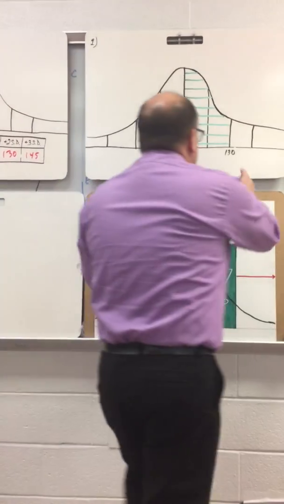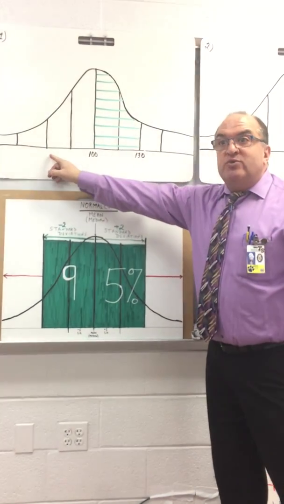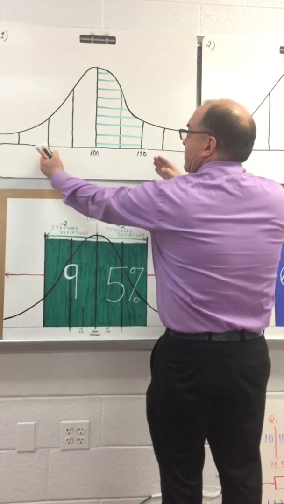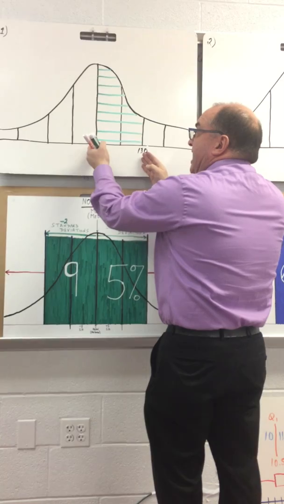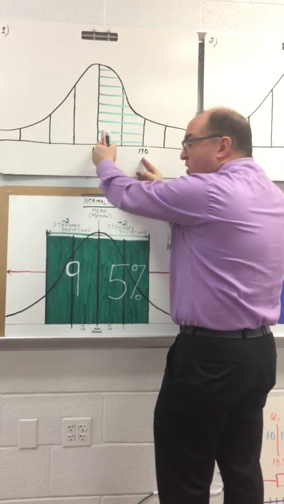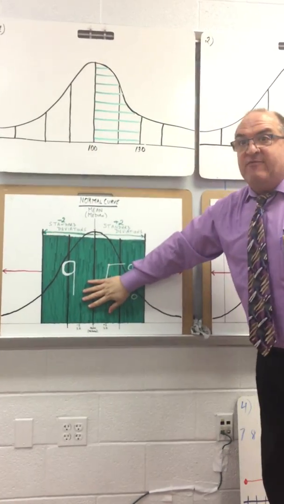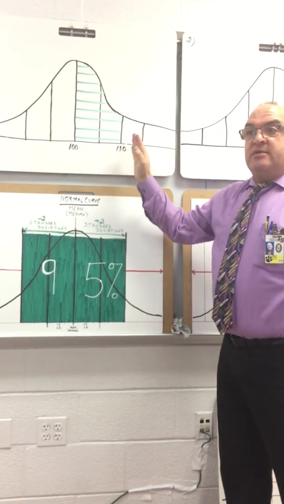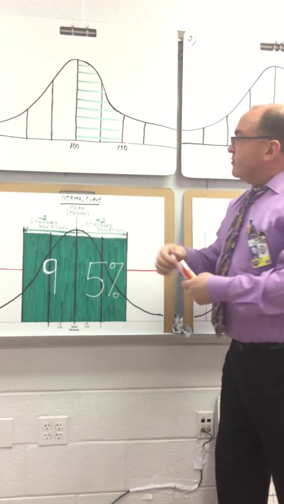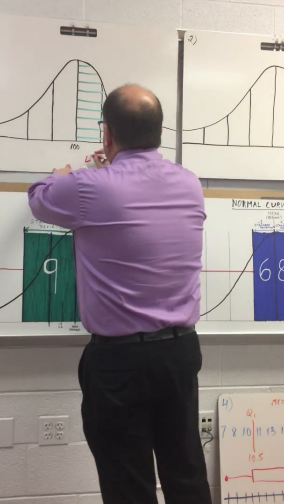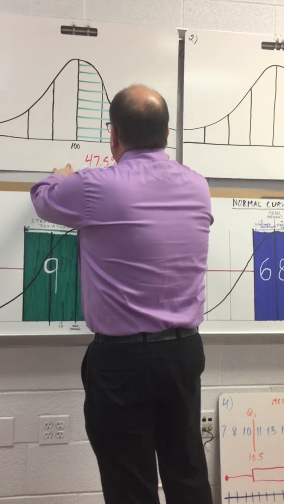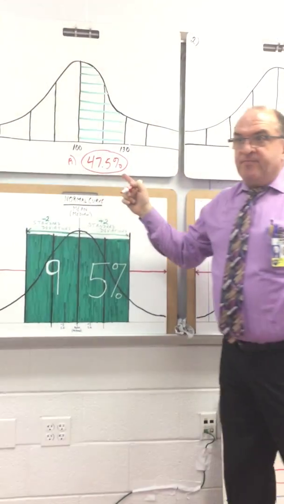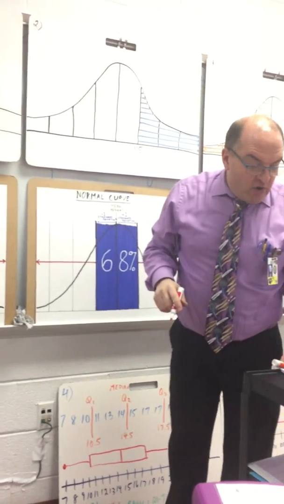But that's not just 2 standard deviations to the right, but it's also 2 standard deviations to the left. This number goes from here to here. So we're only asking from here to here, halfway. So if the whole thing is 95%, okay, what's this piece? 47.5% is the answer to letter A. Okay? Write that down if you don't have it written down.